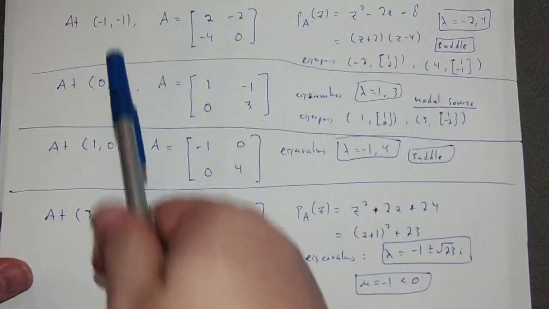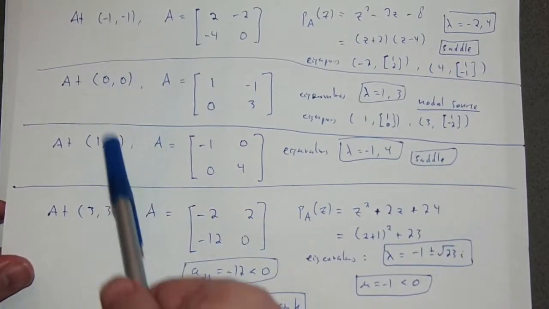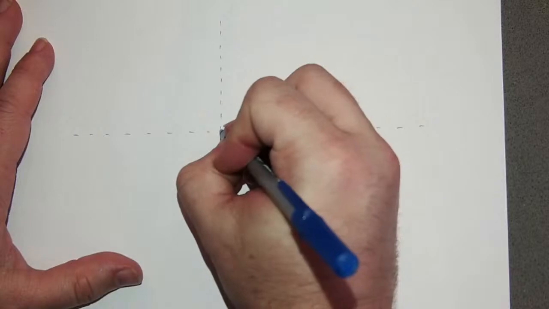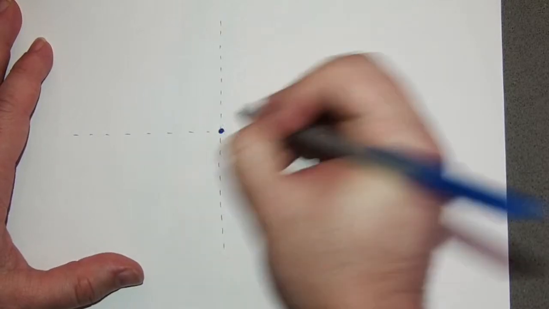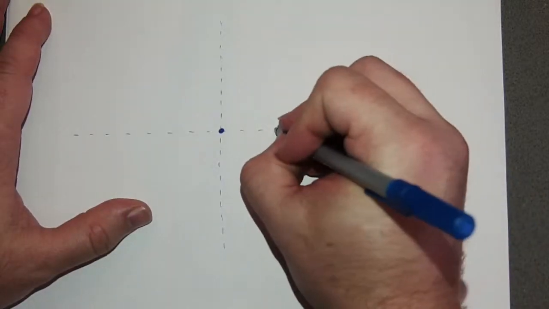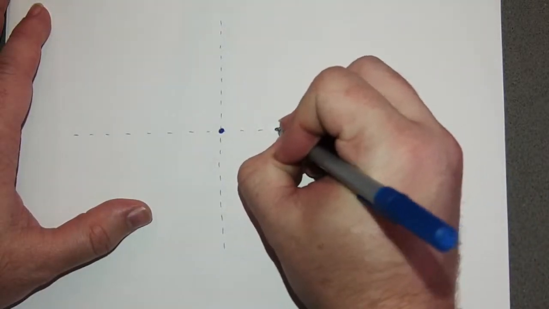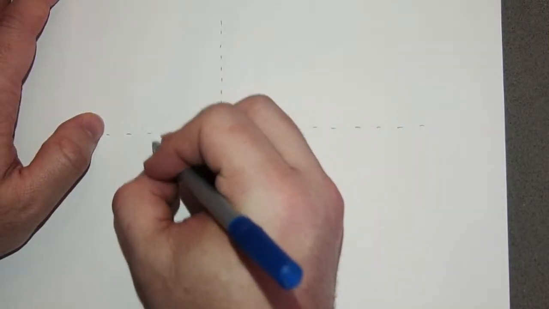Well, -1, -1, 0, 0, 1, 0, and 3, 3. Okay. So 0, 0 is here. And 1, 0 is here. Okay, and -1, -1 is here.